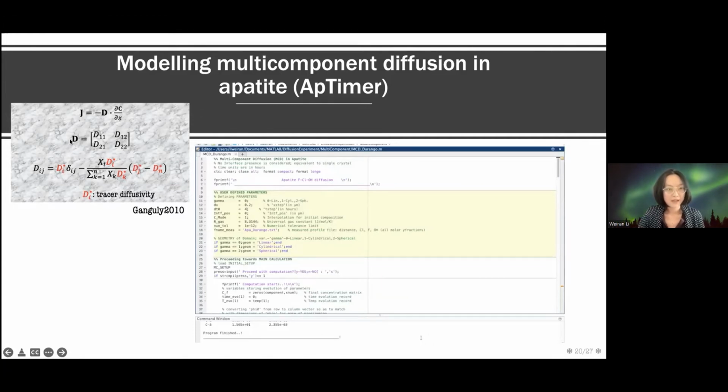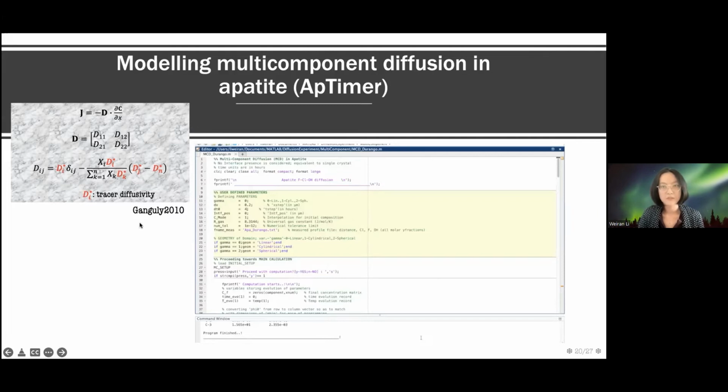For apatite, we consider 3 components, so the matrix is a 2x2 matrix, because the 3rd component is dependent on the other 2 components. Any element in the matrix can be expressed as a function shown here, and basically what we want to solve is the tracer diffusivity, marked in red here.